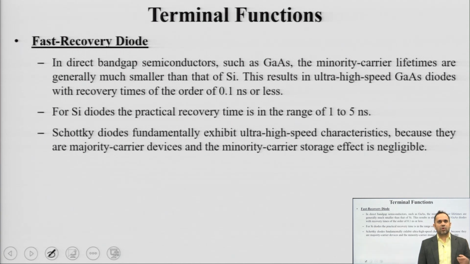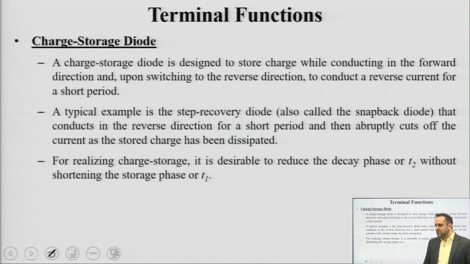Schottky diodes, the so called metal semiconductor junction diodes, have very high switching characteristics because they are unipolar, they only have one type of semiconductor. Another terminal function is what is known as a charge storage diode.